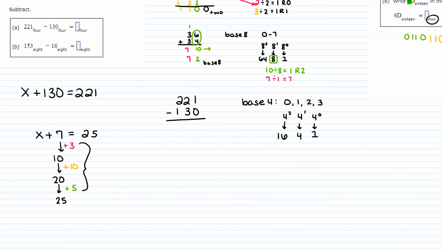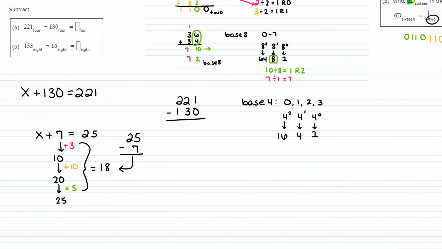So this here makes 18. So if I wanted to know what is 25 minus 7, I would say, oh, that's 18, because you need to take 18 steps to get from 7 to 25.